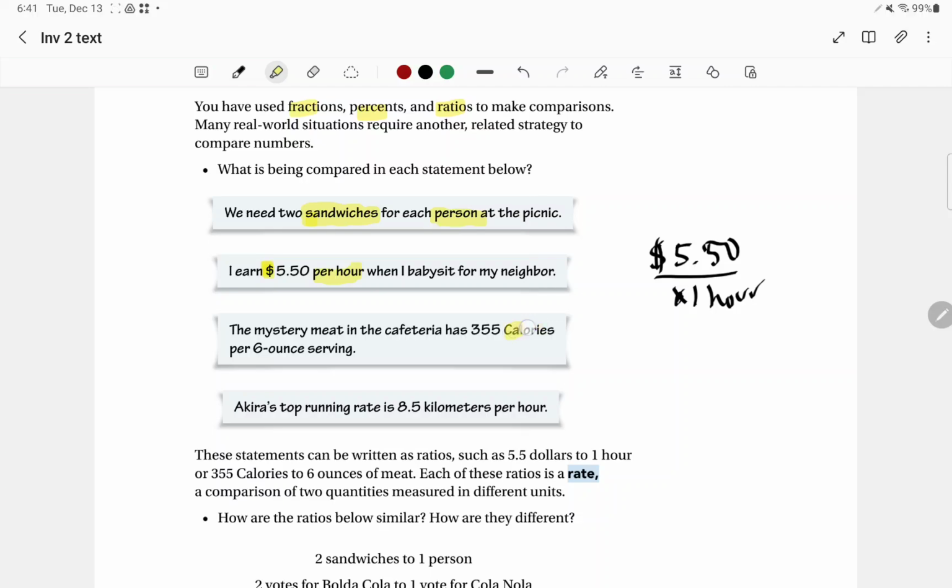So you're comparing calories to servings in that one. And then Akira's top running rate is 8.5 kilometers per hour. Well, the key words in all of these is right here, the per. So you're comparing kilometers and hours. So if there's a per in between 2 rates, those are the 2 things that you're comparing.